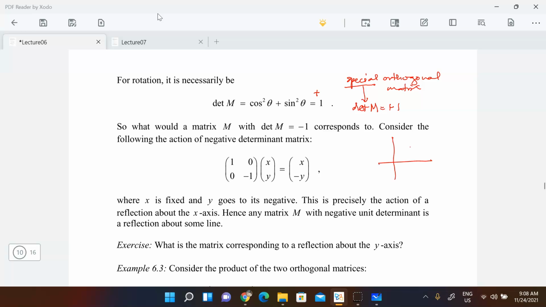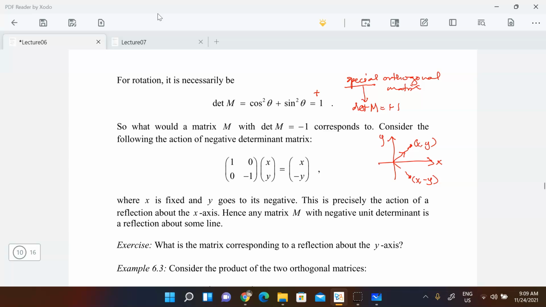So you have this point over here, x y. If you reflect it about the x-axis, then you know it's going to be somewhere here, and this will give you x, minus y.